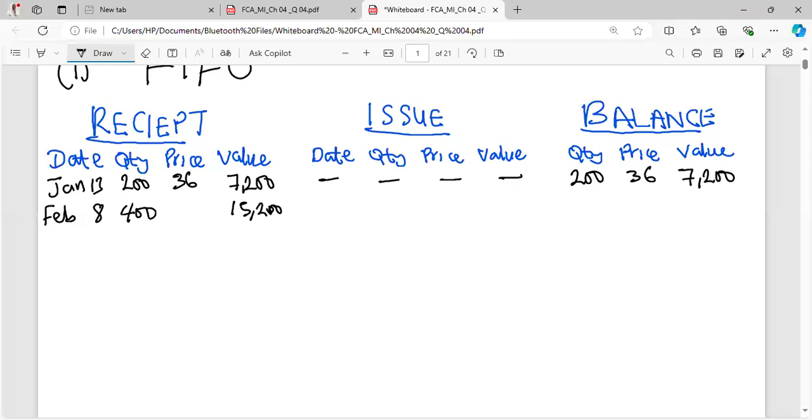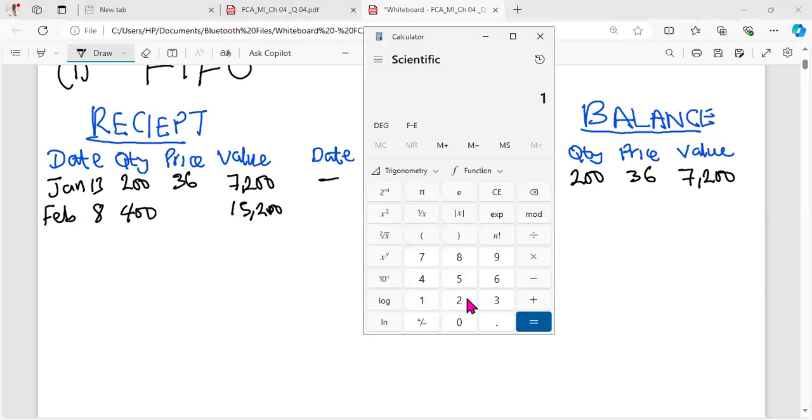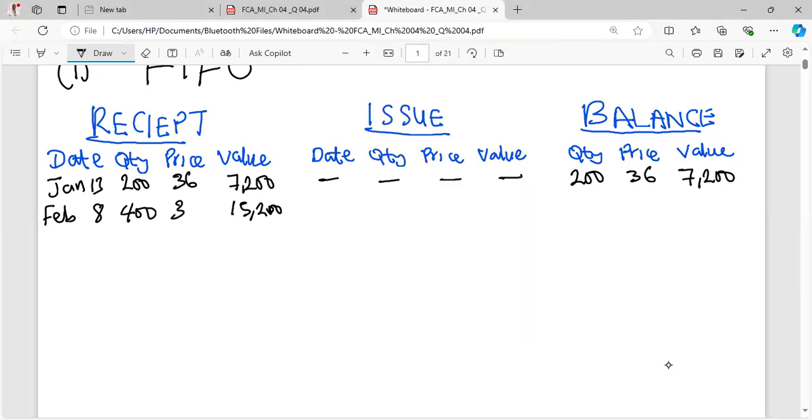So how do I know the price? I'll simply say 15,200 divided by 400. That gives me 38 naira or $38 or pounds, as the case may be, as my price.